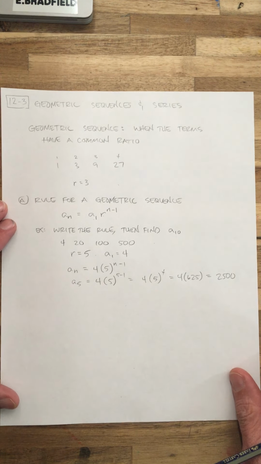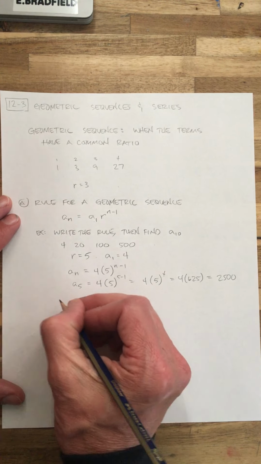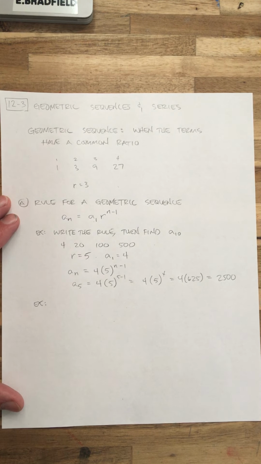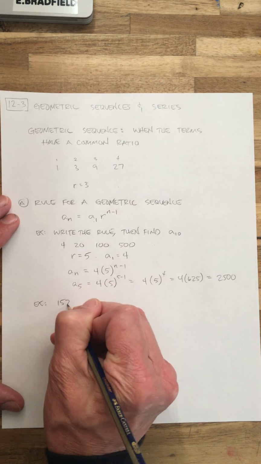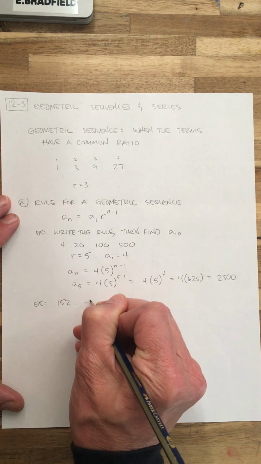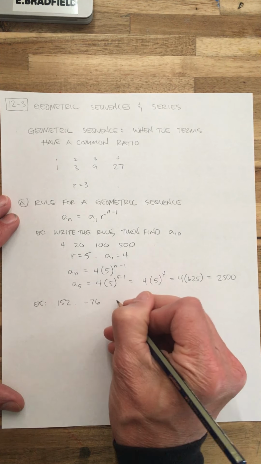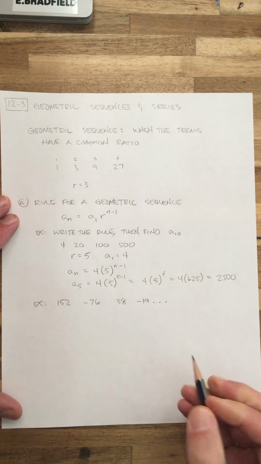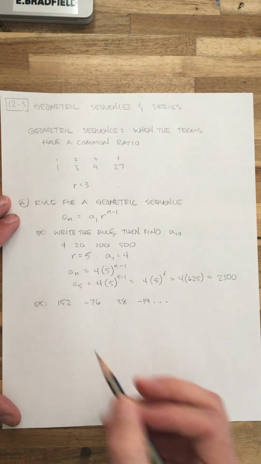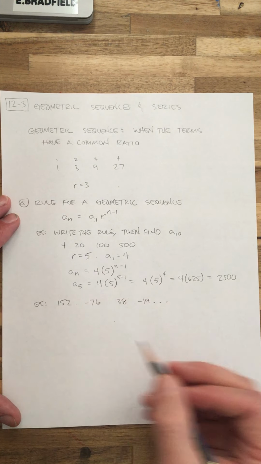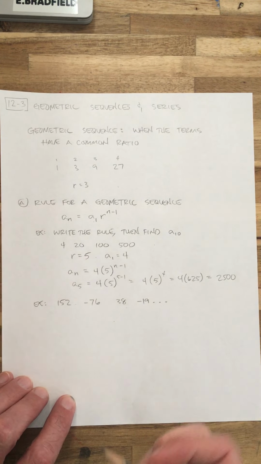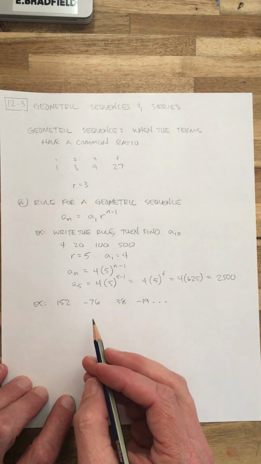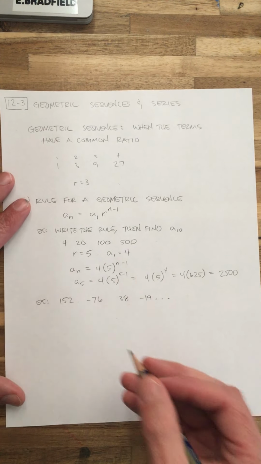Let me show you another one. How about this? 152, then negative 76, then 38, then negative 19. Now this one's not as easy. What do I have to do to go from 152 to negative 76? I could see that I'm cutting them in half and also negating them each time, but it's just as easy to do this.